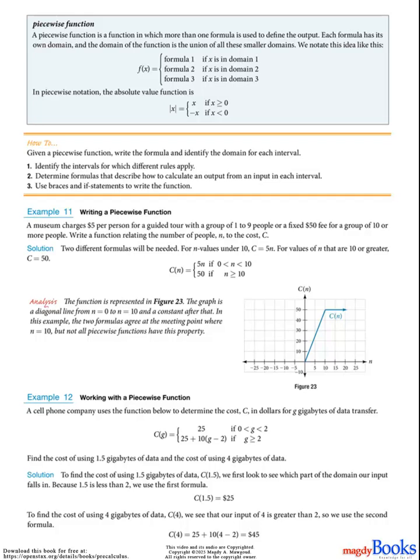We notate this idea like this. f of x equals Formula 1 if x is in domain 1, Formula 2 if x is in domain 2, Formula 3 if x is in domain 3. In piecewise notation, the absolute value function is the absolute value of x equals x if x is greater than or equal to 0, negative x if x is less than 0.